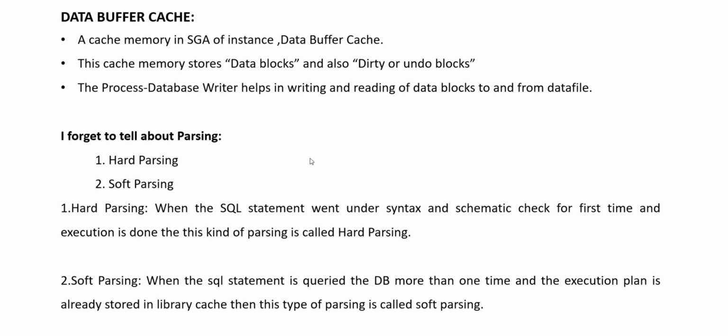Here, the database writer helps the data buffer cache read and write the data blocks from database files. The log writer is a process that helps the redo log buffer write the redo entries to the redo log files. These redo log files, database files, and control files are stored in a physical device called disk, whereas the instance is just generated in the RAM.